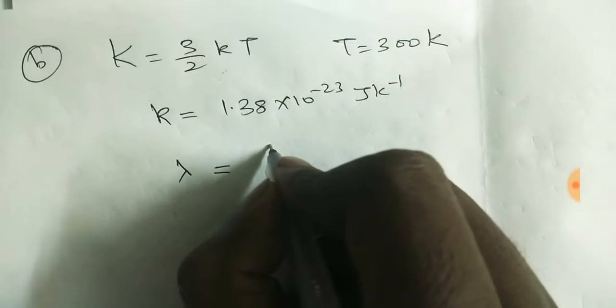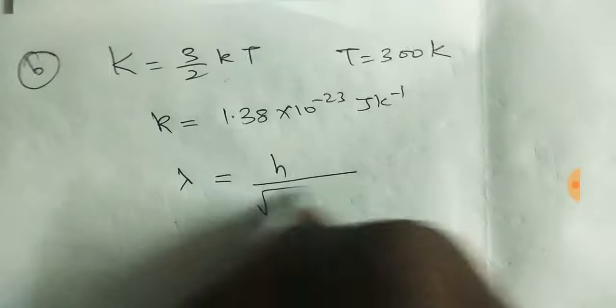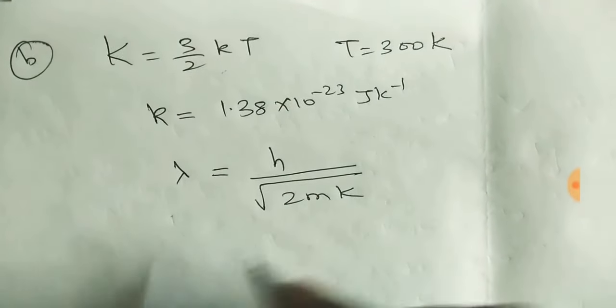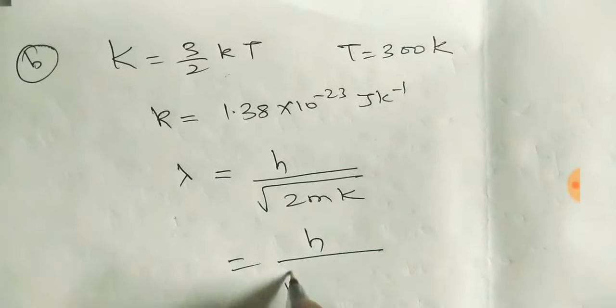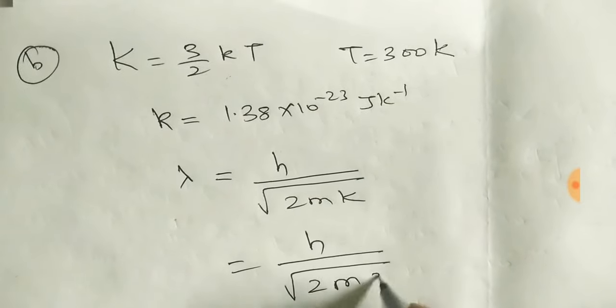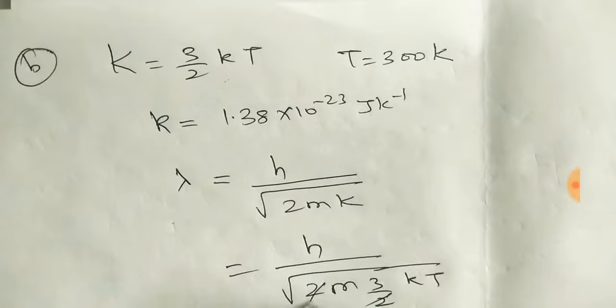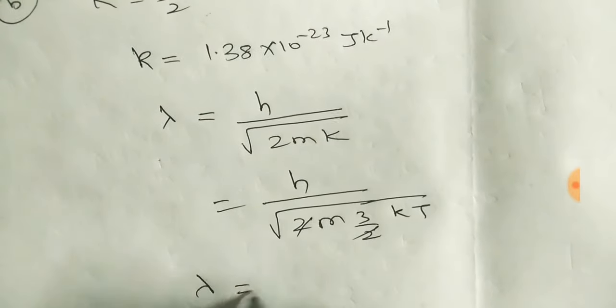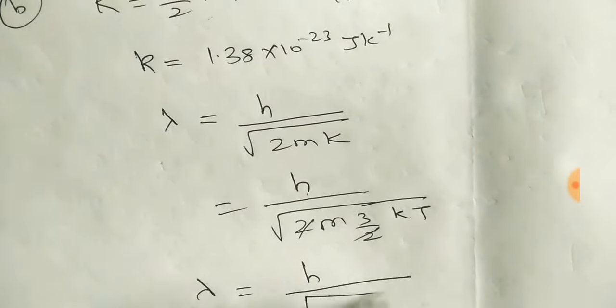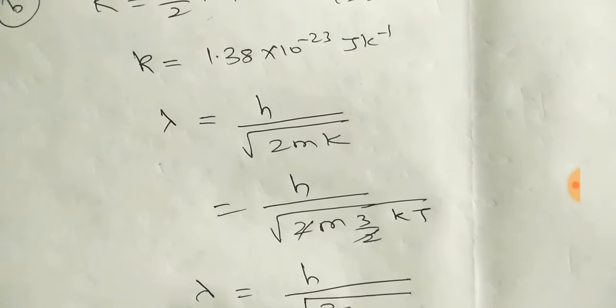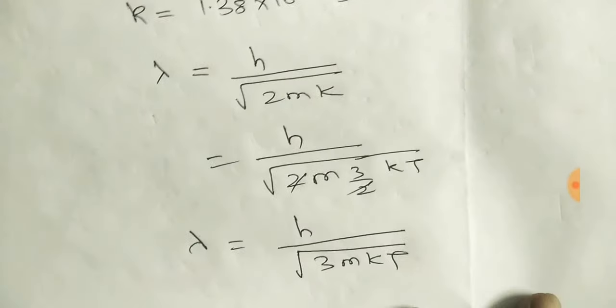Lambda equal to h divided by root of 2mK. Substitute the value: h divided by root of 2m into 3 by 2 kT. The 2 will cancel. Then we will get h divided by root of 3mkT.